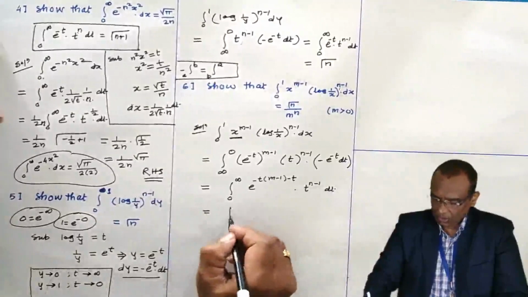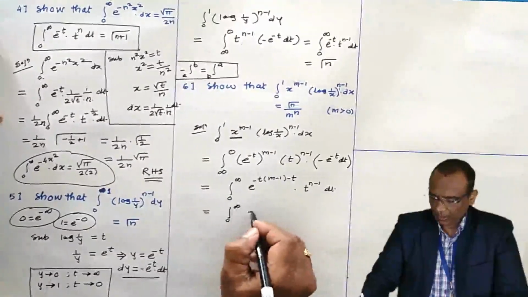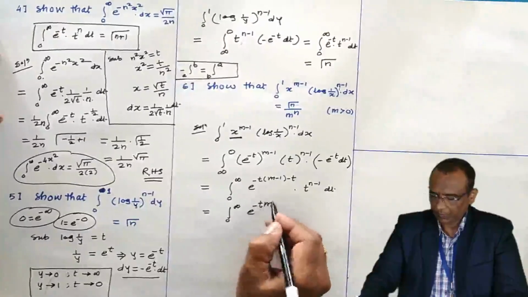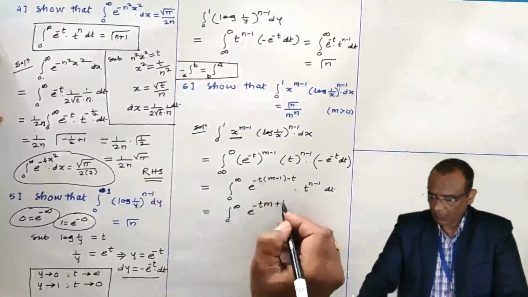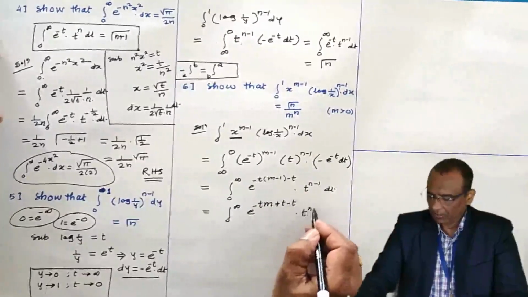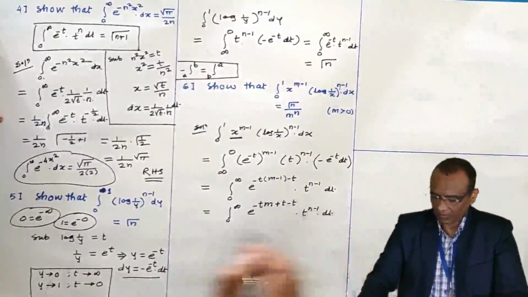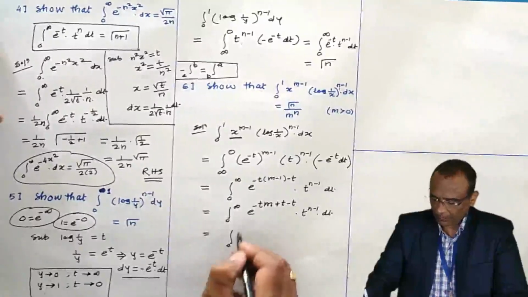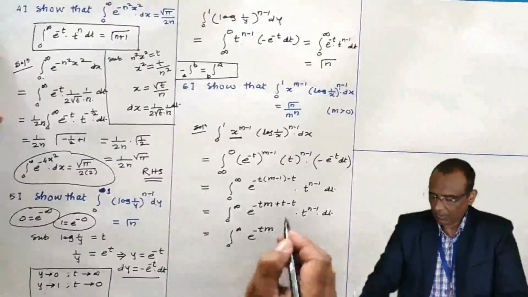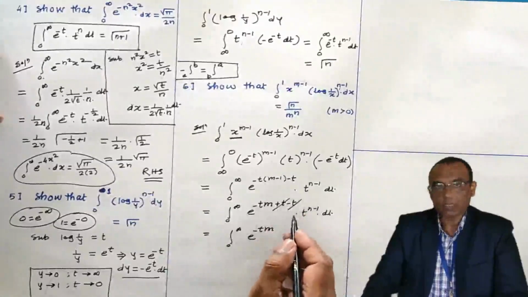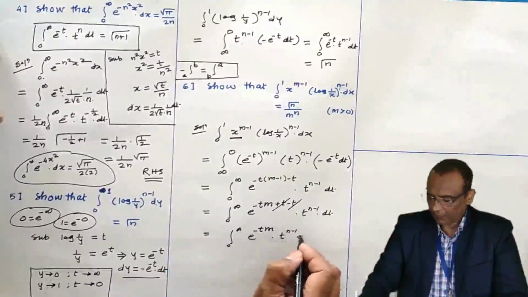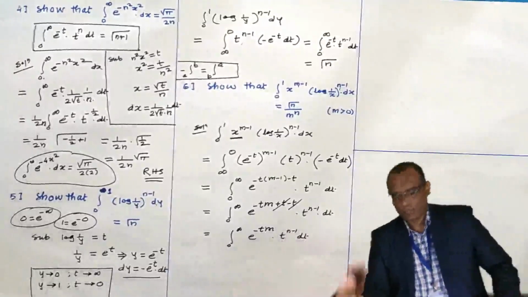Now 0 to infinity e power minus t into n, minus t plus t gets cancelled, t power n minus 1. Okay, we reached up to this time.